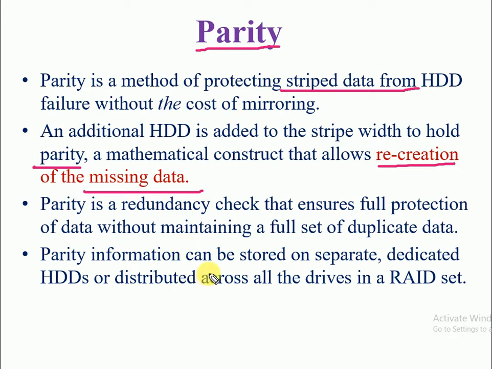The parity information can be stored on a separate hard disk drive, or it can be distributed over different hard disk drives connected to the RAID set. So the three bases for forming the RAID standard are striping, mirroring, and parity.